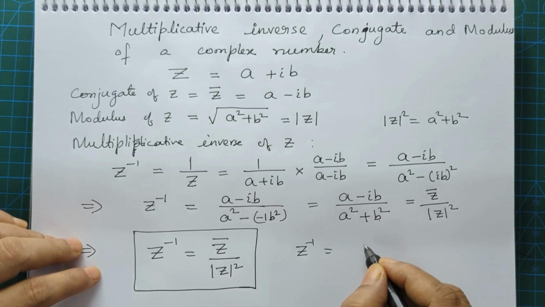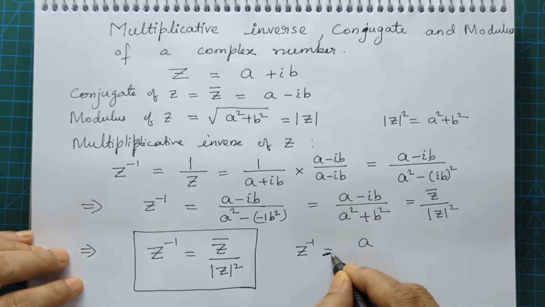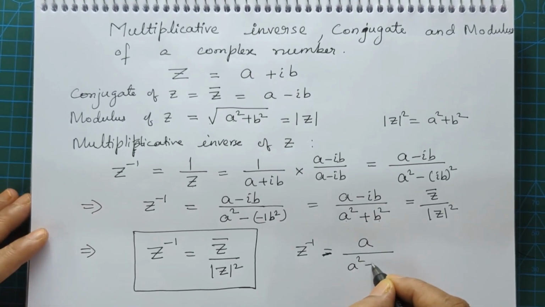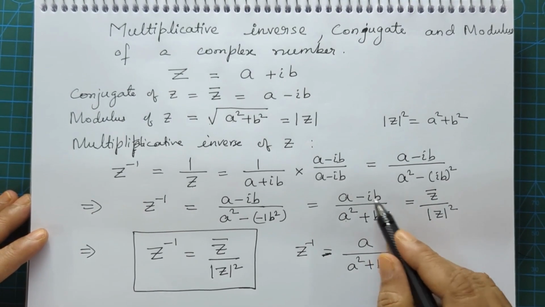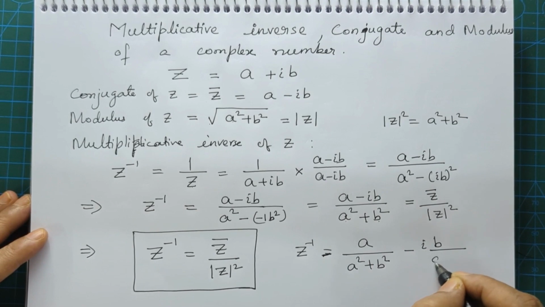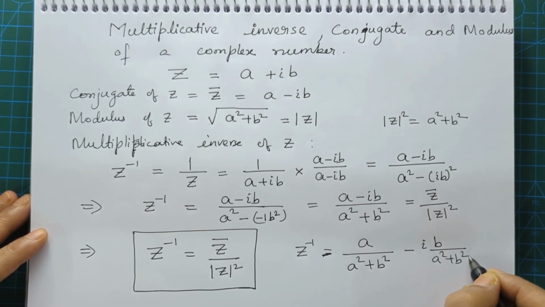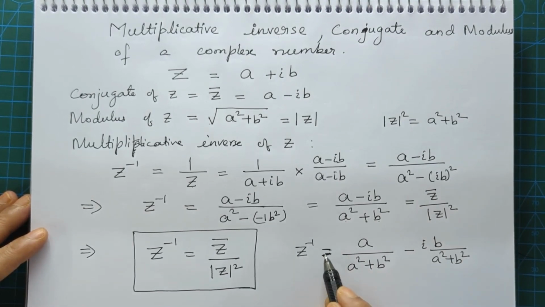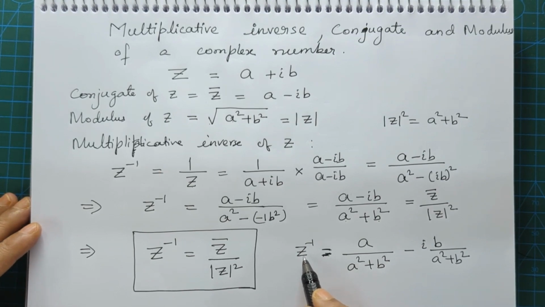It can be written as a divided by a squared plus b squared, minus i times b by a squared plus b squared.